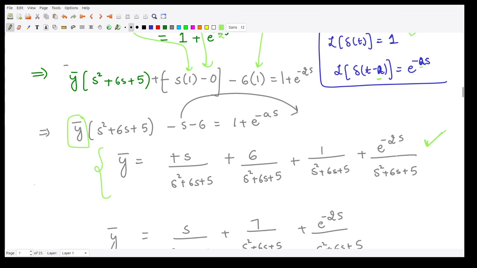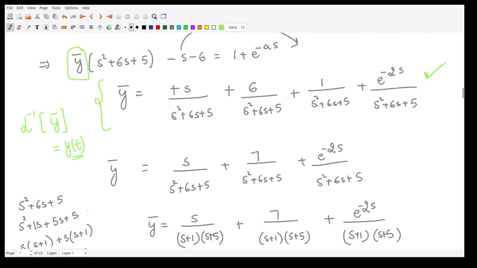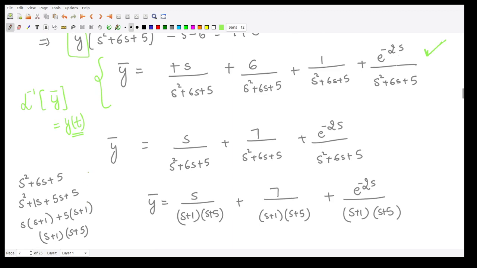Our inverse Laplace transform would be obtained when you apply the inverse Laplace transform operator on both sides of this equation, and because we know its inverse is going to be the function y of t, which is the solution of the given differential equation. So let us apply that.